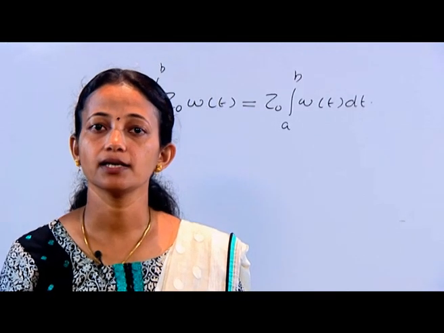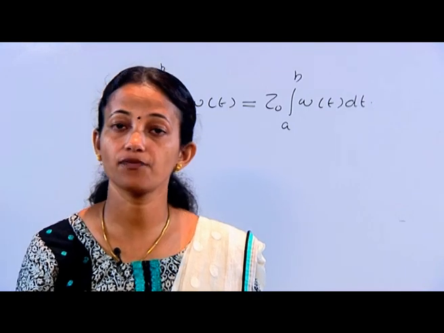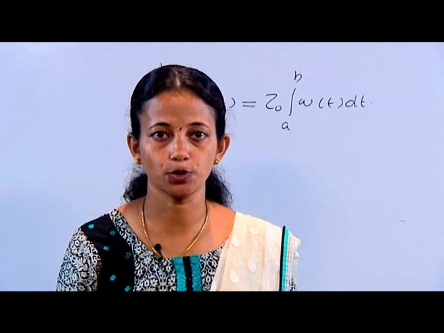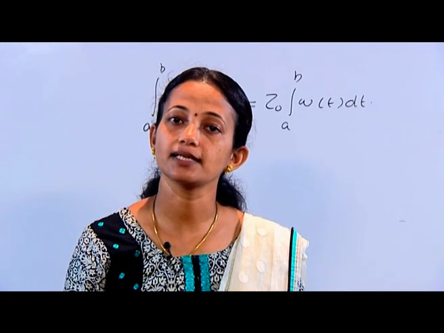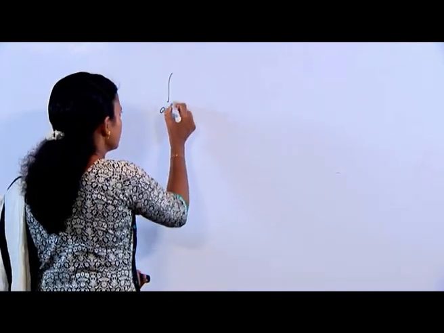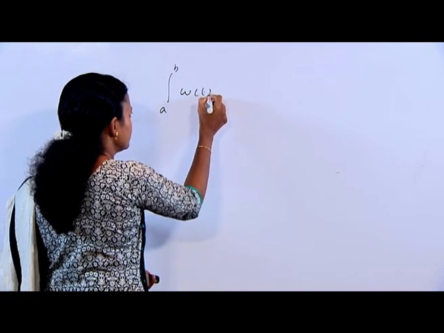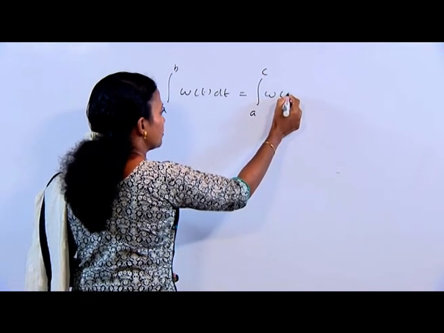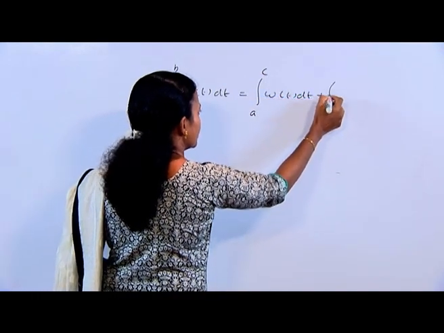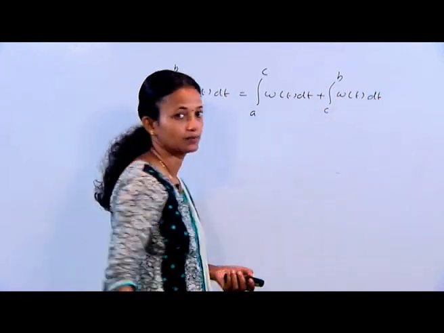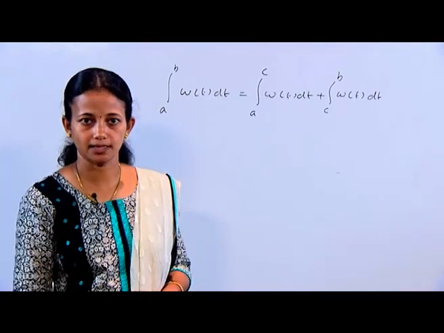If w of t is a complex valued function of a real variable t defined over a less than or equal to t less than or equal to b and a less than c less than b, then integral a to b w of t dt can be written as integral a to c w of t dt plus integral c to b w of t dt, provided the integrals exist.